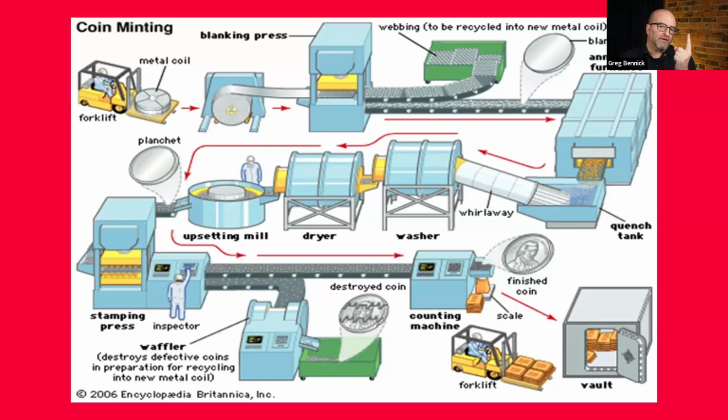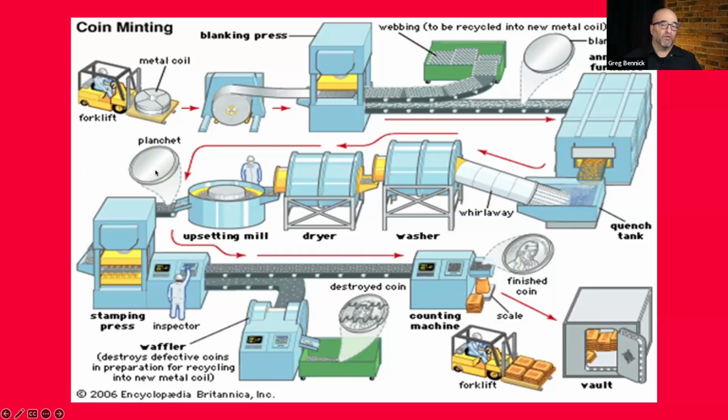And as the blank rolls through on its edge, the upsetting mill compresses that blank slightly and raises the rim around the edge. That's what gives our coins the rim that we know around the edges of coins. That's what turns a blank into a planchet. And you'll see it's labeled here as planchet. Now it's got a raised rim around it.